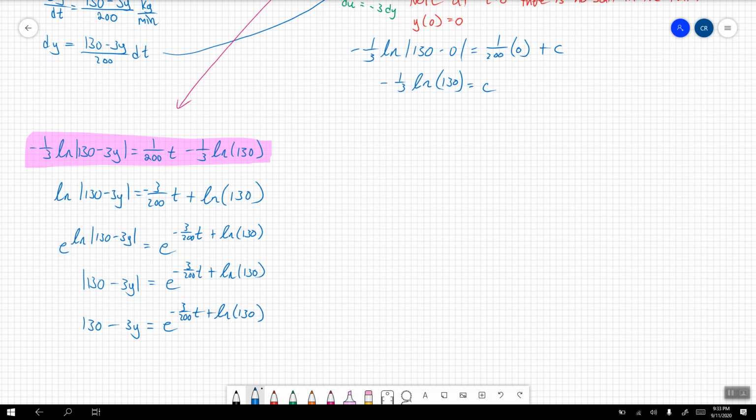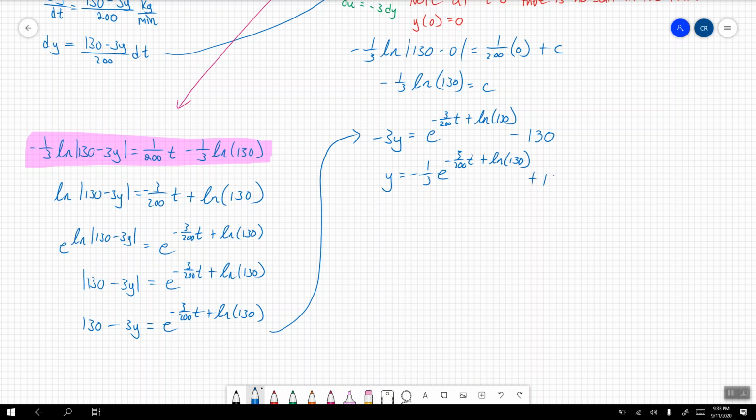As we keep solving for y, I'm going to go up here now. I get negative 3y is equal to e to the power of negative 3 over 200t plus the natural log of 130, all of this minus 130, divided by negative 3, which means y is negative 1/3 e to the power of negative 3 over 200t plus the natural log of 130, plus 130.